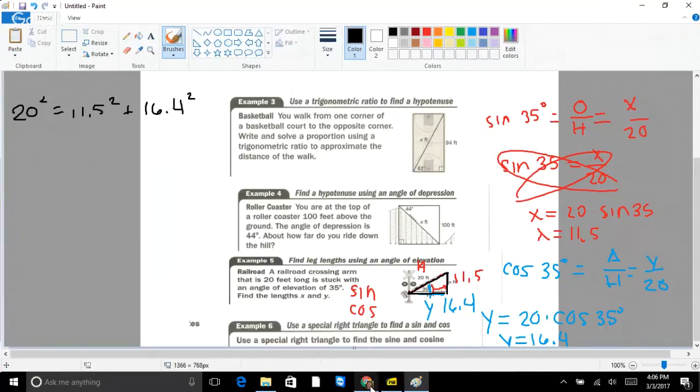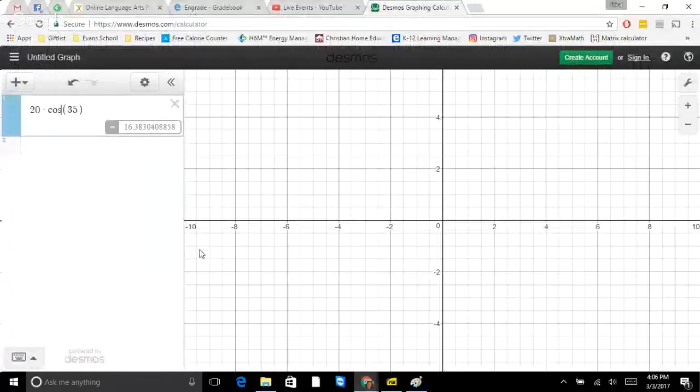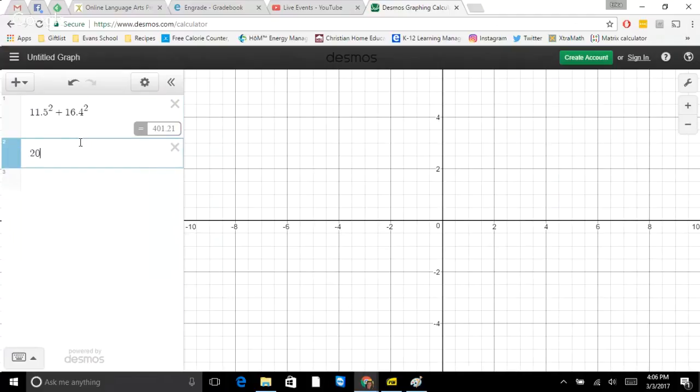So let's go ahead and use a calculator for this. 11.5 squared plus 16.4 squared gives us 401. And the other side we have 20 squared, which is 400. So that's pretty close since we did some rounding, right? Pretty close to the same value. We'll get a little closer when we get more decimal places.